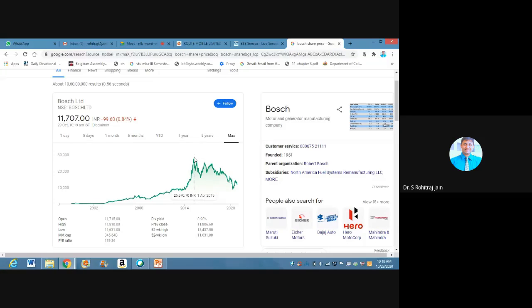See here, it went to 25,570 on 1st April 2015, per equity share. Then after that, presently, it is trading at 11,719 per share. So this is how we can easily identify the hidden gems in the market when we do a thorough fundamental analysis.